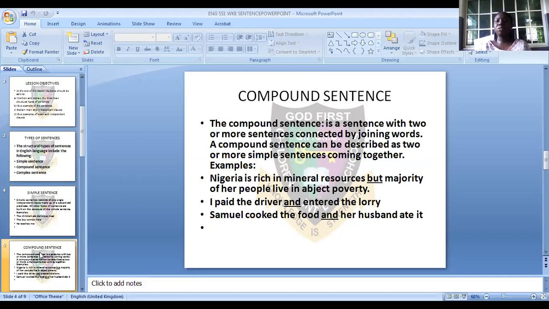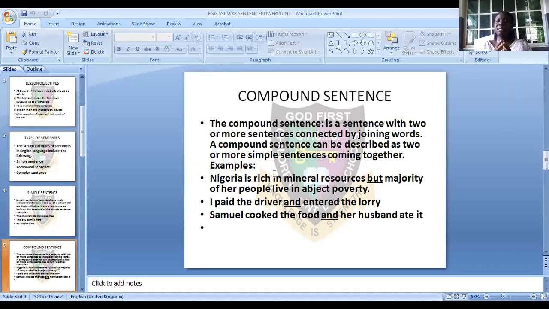So we move on to the number 2 type of structural sentence. We have the compound sentence. The compound sentence is a sentence with two or more sentences connected by joining words like and, but.